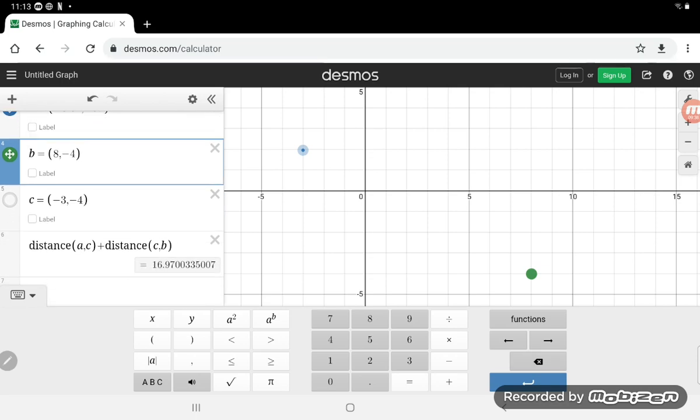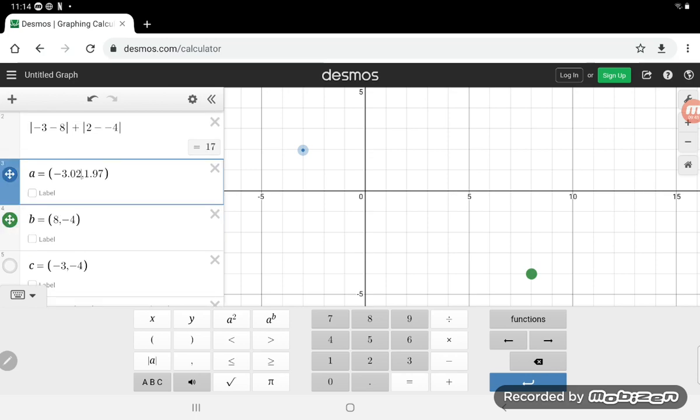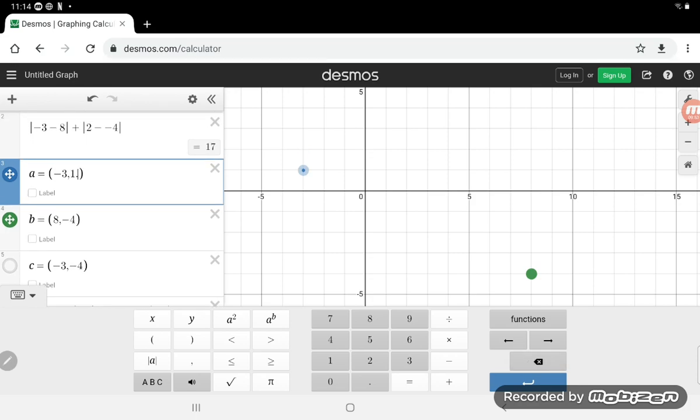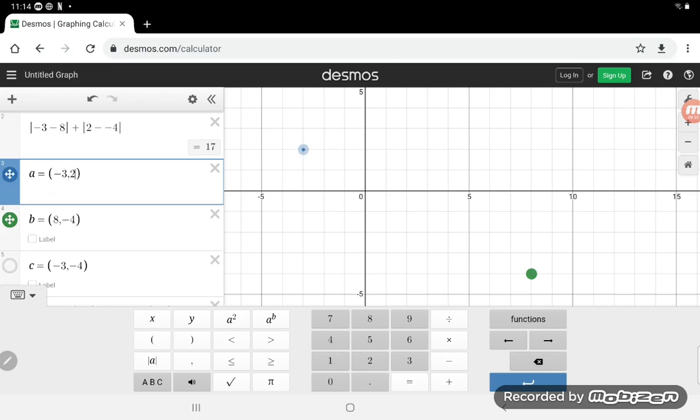And then what I did was I added the point -3, -4. I moved that A value as well, so let me fix that. That should be a 2. Got to be careful when you touch stuff on the graph.